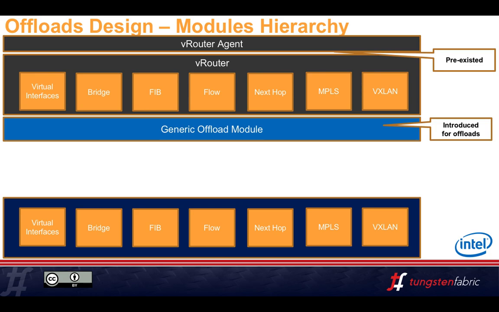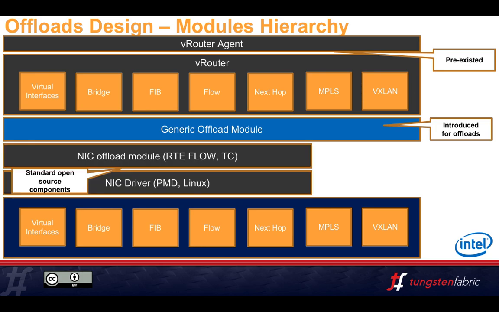So what we have introduced is the generic offload module, which is actually used for the partial offload. The design was to use RTE flow, which is a DPDK interface, which programs the NIC and allows you to do flow classification and flow identification inside the network device. Then obviously you have the NIC driver.